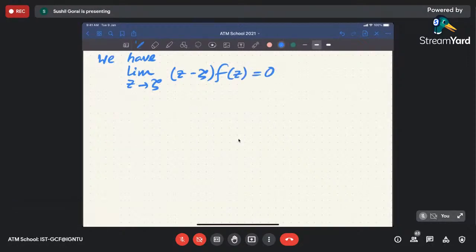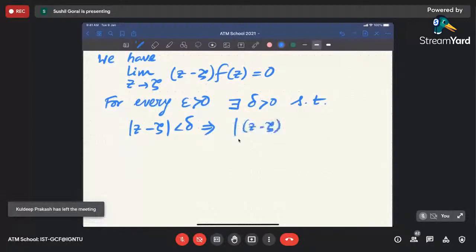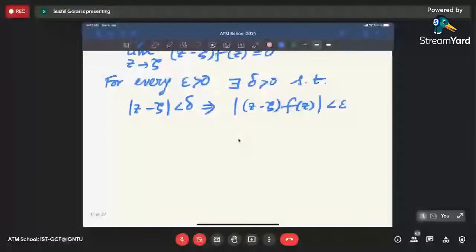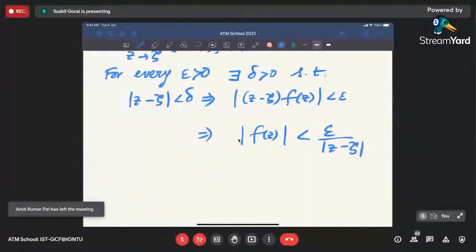Now again we look at it in epsilon-delta form. For every epsilon greater than 0, there exists delta greater than 0 such that mod z minus zeta less than delta implies mod of (z minus zeta) f(z) less than epsilon. That implies mod of f(z) is less than epsilon by mod z minus zeta. All right, is this clear?